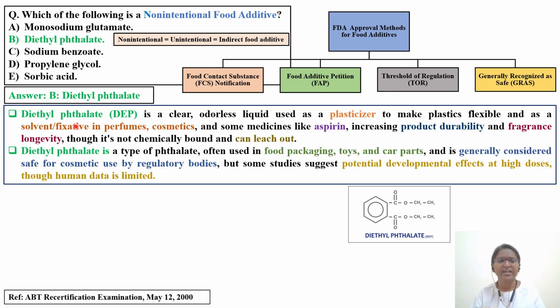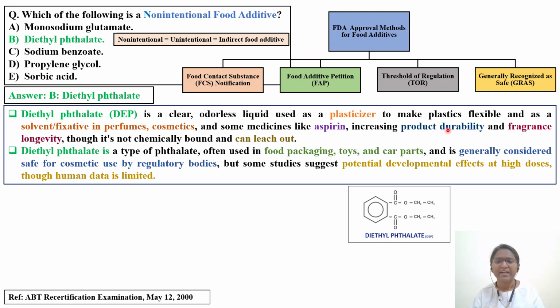Diethyl phthalate is a clear, odorless liquid. The main use of diethyl phthalate is as a plasticizer, and that is the reason the answer is a non-intentional food additive.